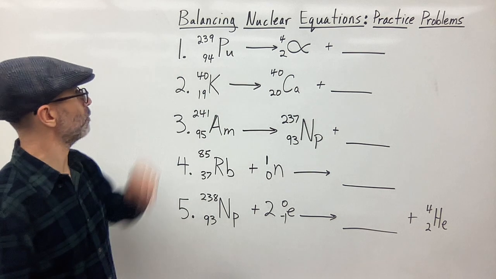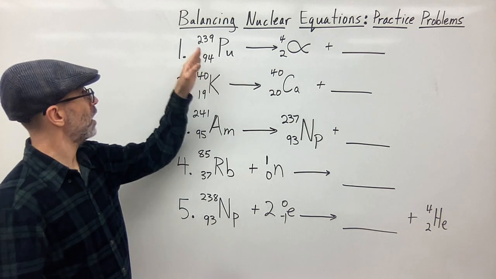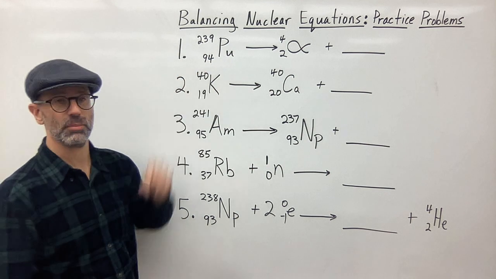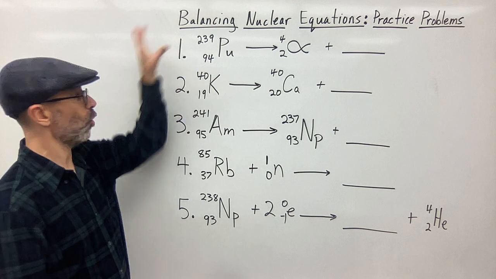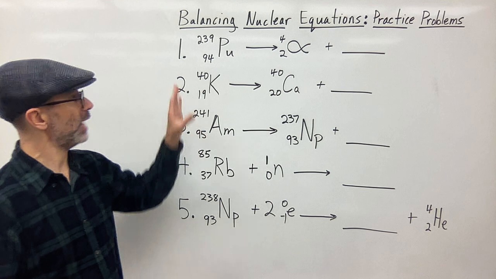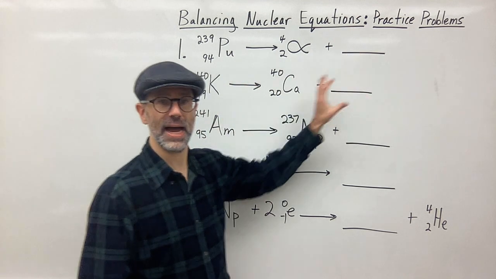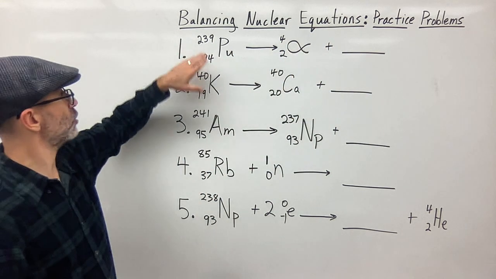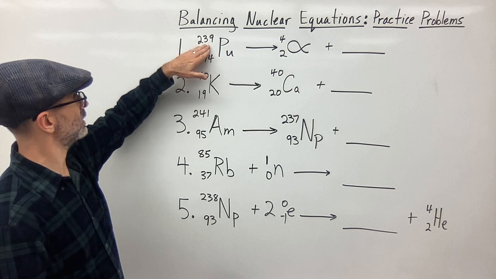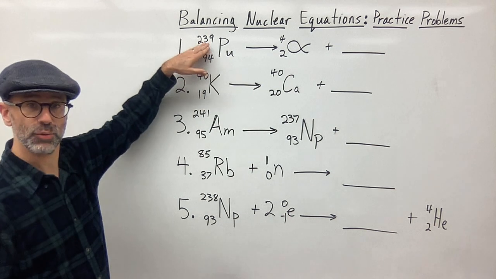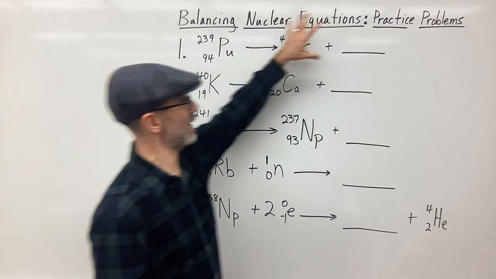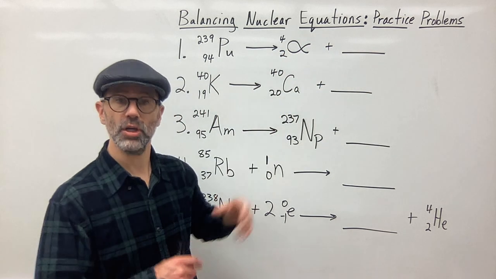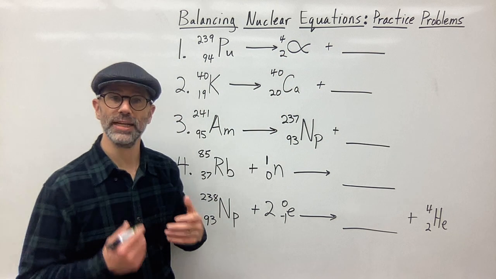So number one, we're given Pu, which has a mass number of 239 and an atomic number of 94. That's the only one on this side, so everything on this side should total the same number. Since the total is 239 on this side, both of these particles should total 239.